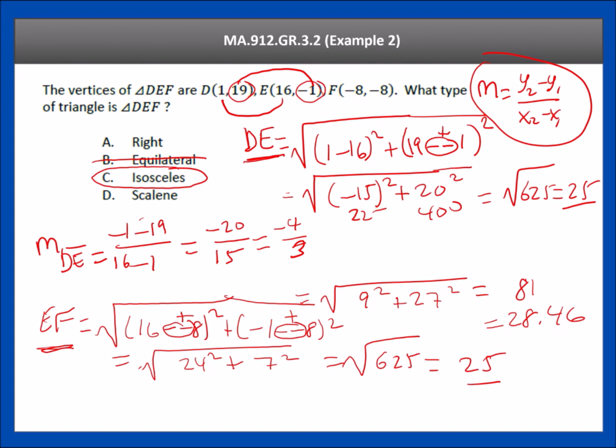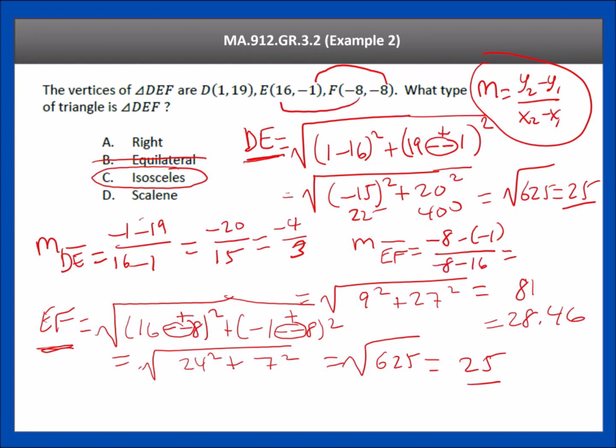All right, so now let's do the slope of EF. So rise over run, or y2 minus y1, negative 8 minus negative 1 over x2 minus x1, negative 8 minus 16.